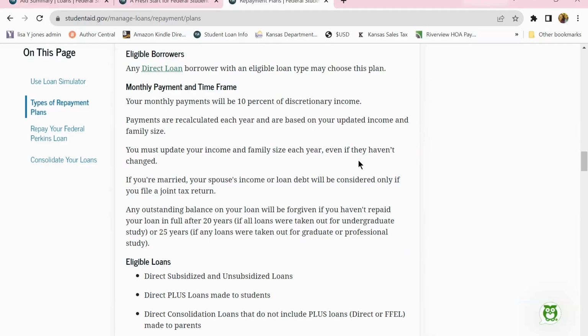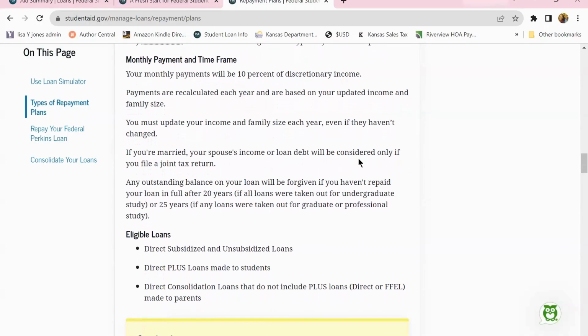You must do that. So I would mark it on my calendar when you set this up. Let's say you set up the majority of your loans on SAVE, mark it on your calendar 30 days, 45 days before that time. So if you do it on September 1st, then you would be doing that in July to August of next year and every year thereafter, to be sure, because it says even if it hasn't changed.